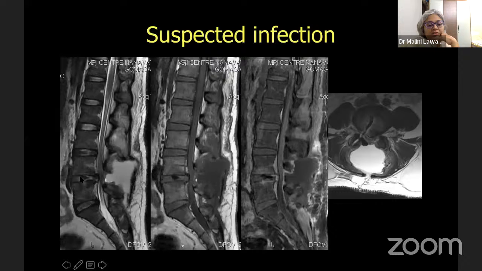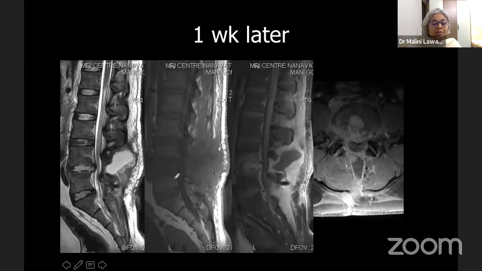If you notice here, there was not much bright signal. This is the post-op change that we were seeing. And now here, clearly, the T2 bright signal in the disc has increased. The marrow edema around it has increased. On contrast, the enhancement around it has increased. This post-operative fluid collection has decreased in size, but it is showing much thicker peripheral enhancement and edema.